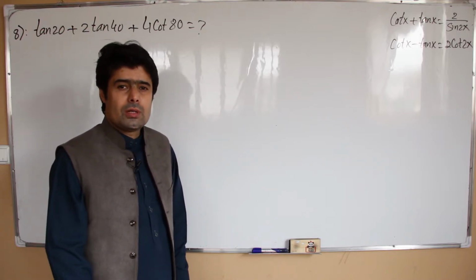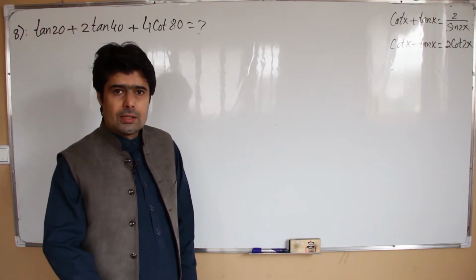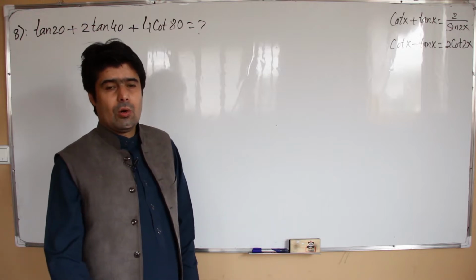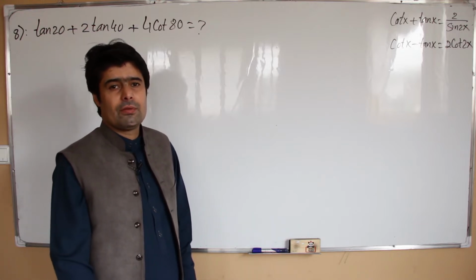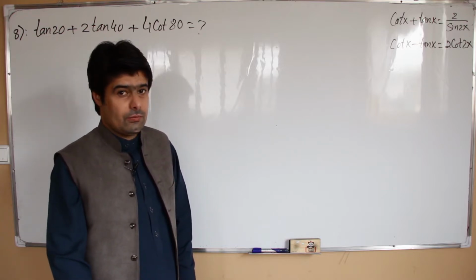Or if you are not able to make them the same, make the angles so that, for example, one angle is 2 times the other, or 3 times the other, or half of the other, because you have the formulas for 2 times, 3 times, and half. You know these formulas.